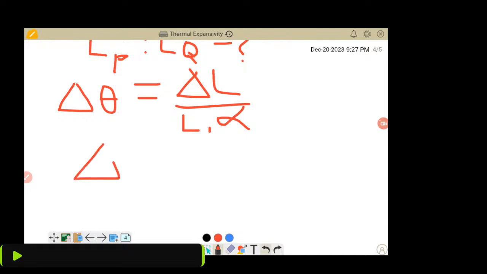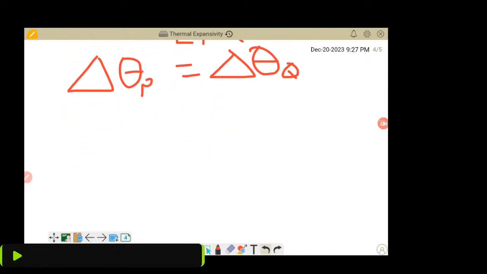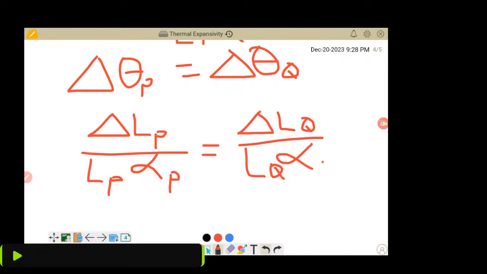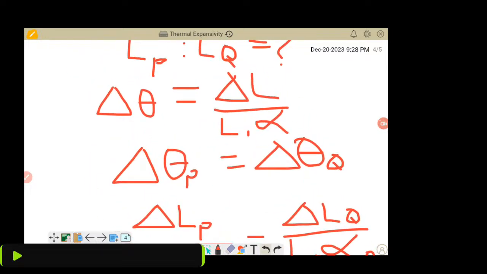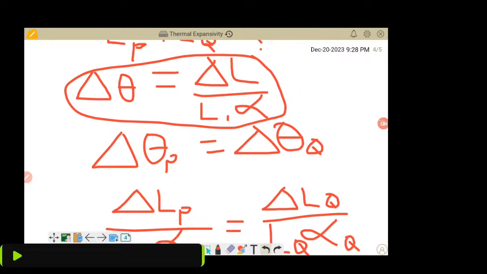And if delta theta P equals delta theta Q, we can easily say that delta LP over LP alpha P, that is the linear expansivity of P, equals delta LQ over LQ alpha Q. What is happening here is that from the formula for change in temperature, the change in temperature for both P and Q are the same.